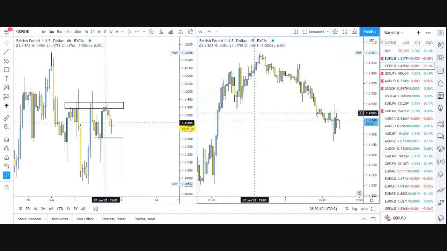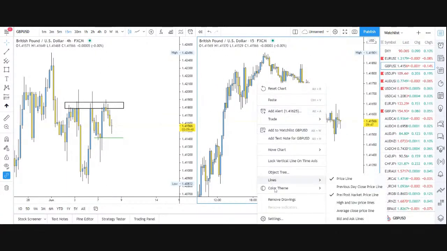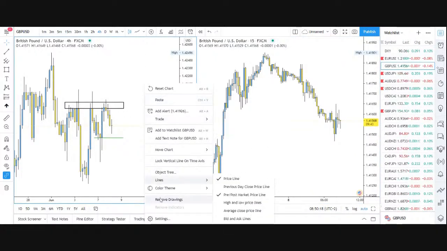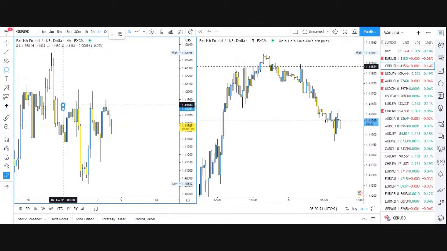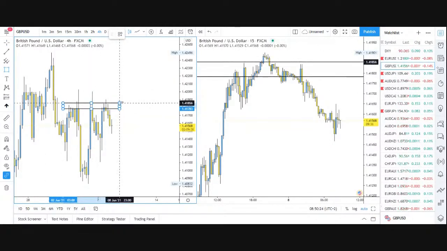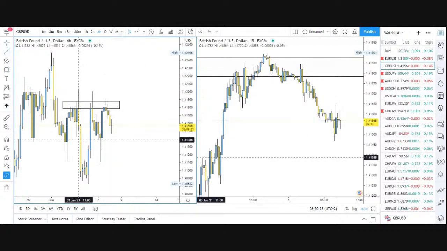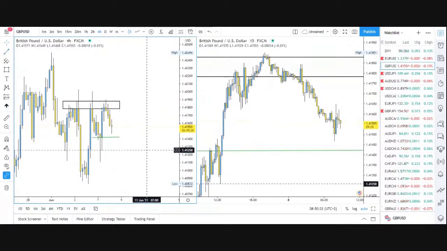Why is this thing not doing anything? Why is it not reflecting what I drew this morning? Like, you have the highs right here, you have the highs, and then you have these areas in the market.